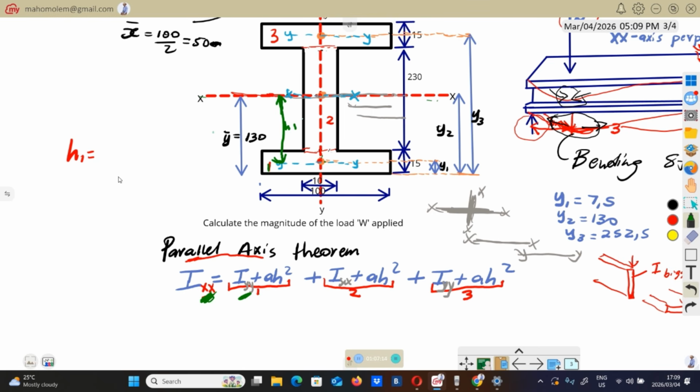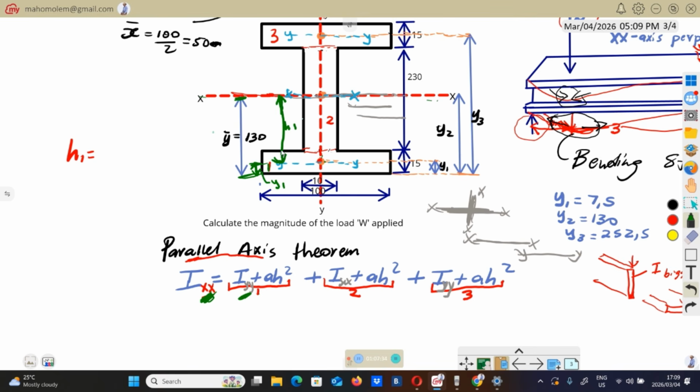How to calculate this H1? We're going to see the total distance from here to there minus this piece of distance. This distance we said is y1.